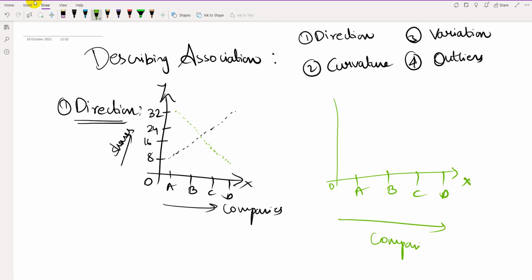For example, companies and shares, let us take this also for a different state. So you are able to observe both increasing and decreasing simultaneously.